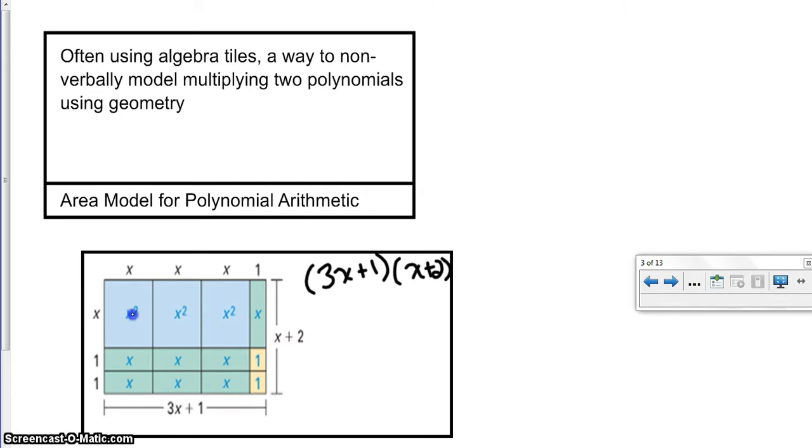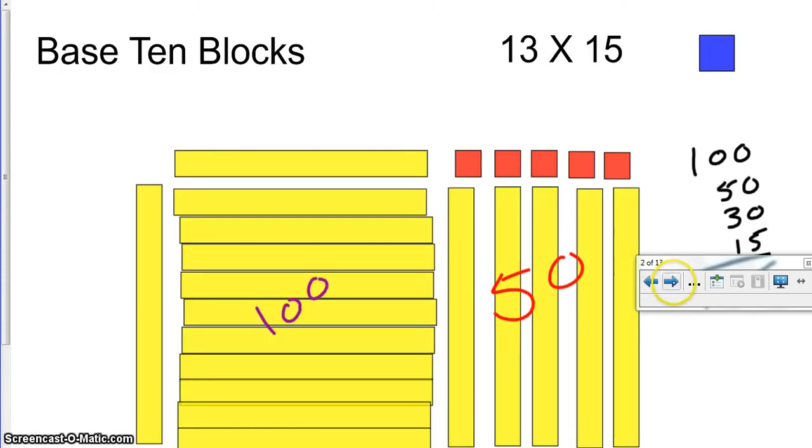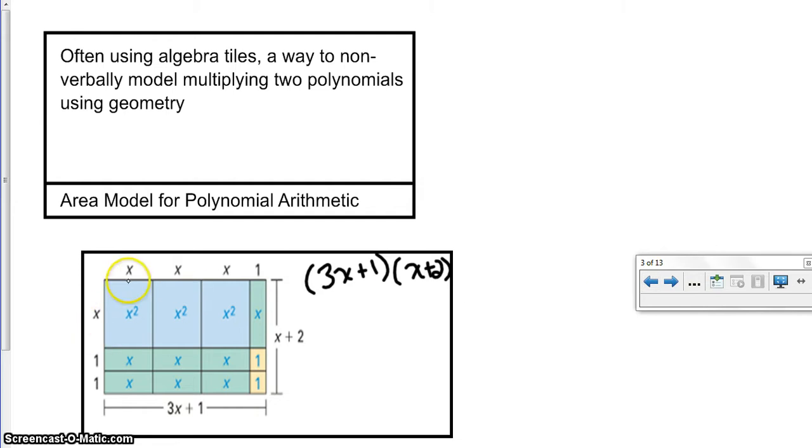Well, if you do that, and you set up the area model of polynomial arithmetic, very similar to the base 10 blocks, you would have x times x is x squared, three times, and x times 1 is x, repeated for each x, and 1 times 1 is 1, 1 times 1 is 1.